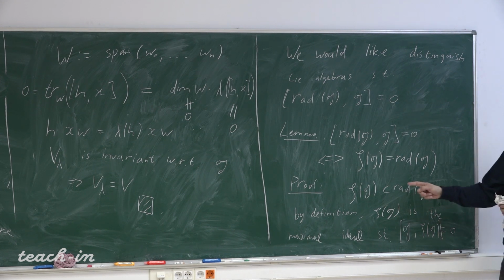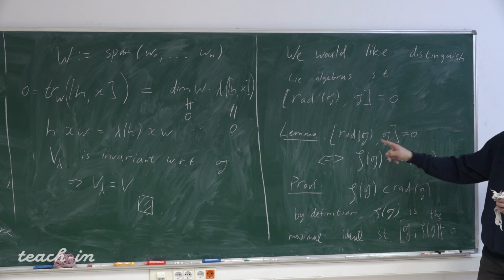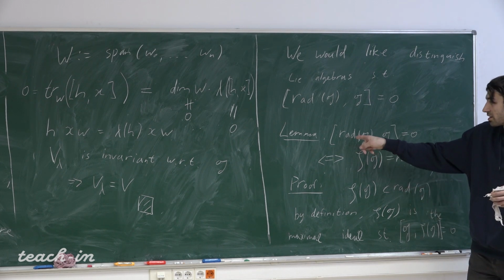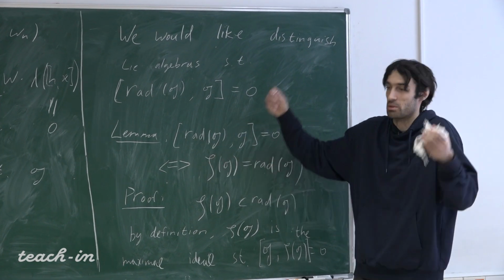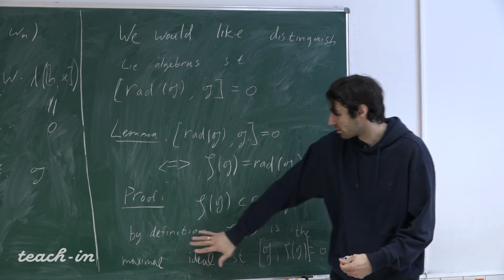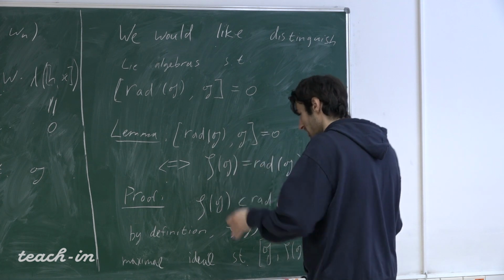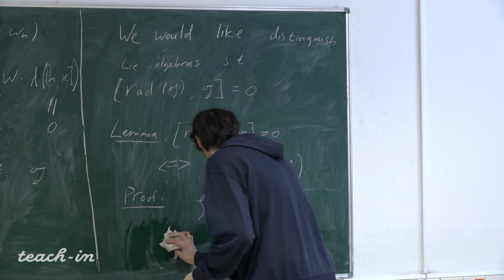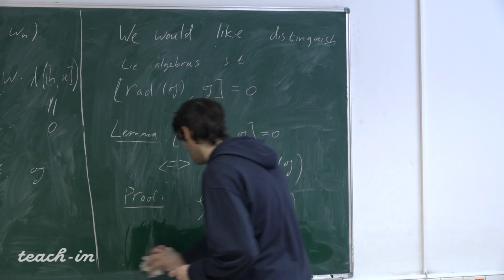In any case, I have the center inside the radical, right? But this says that everything inside the radical commutes with everything in G. So actually, the radical is inside the center. Maybe even without these confusing words, it just follows.